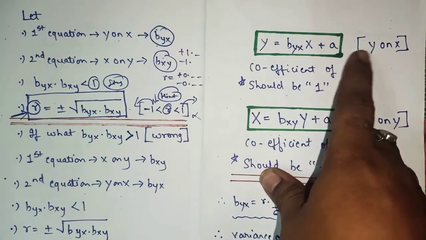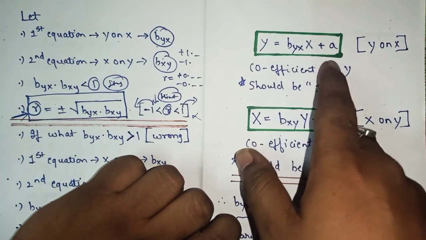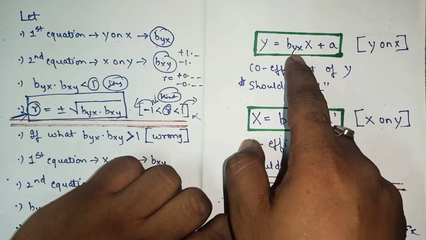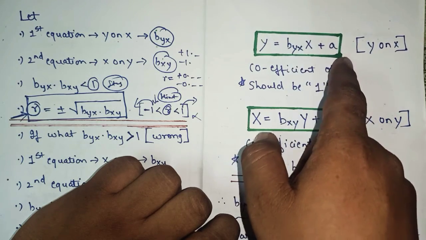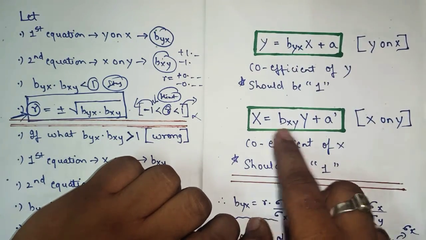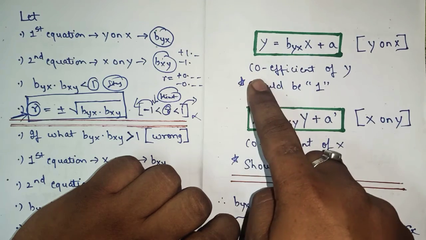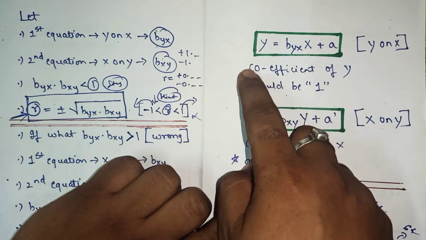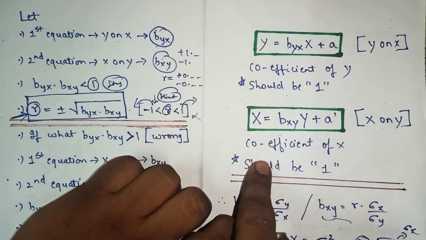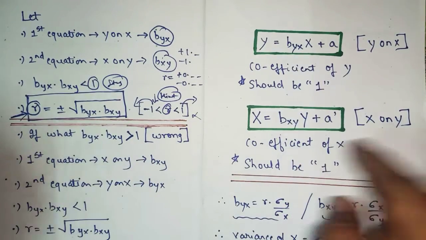As we know that the regression equation y on x is what? y equal to byx x plus a, and this is what? x on y. Remember, as I told in the previous lecture, the coefficient of y and the coefficient of x should be 1.